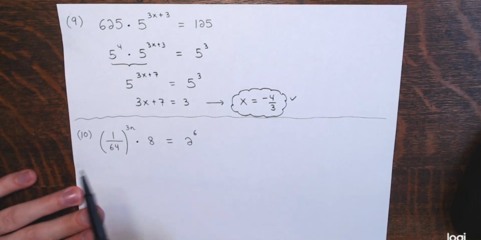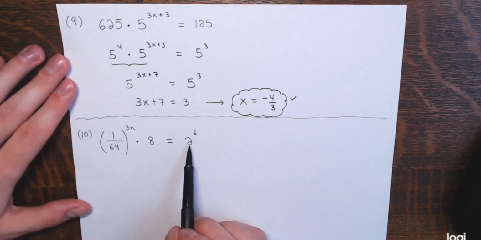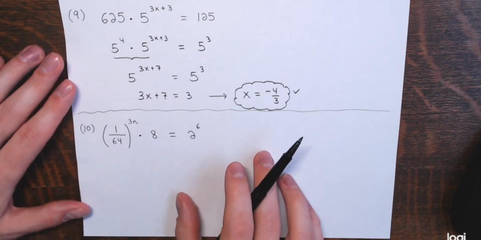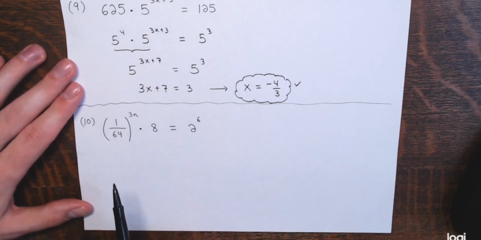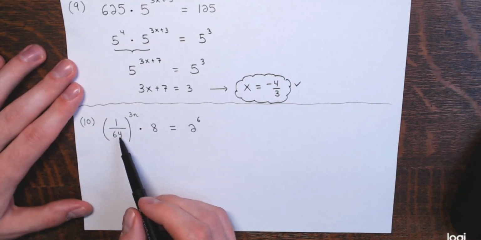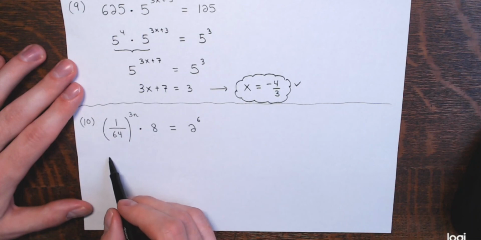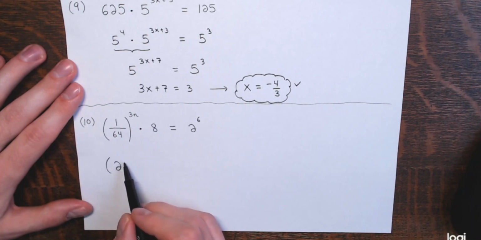All right, and then more of the same in the last example. Now I'm noticing the bases here are 2 and 8 and 1/64. These are all nice powers of 2. So I'm going to try to write everything here as a power of 2, base 2. Now 64, right, 2 to the 6th power is 64. But this is 1/64. So that's the same thing as 2 to the negative 6th power.